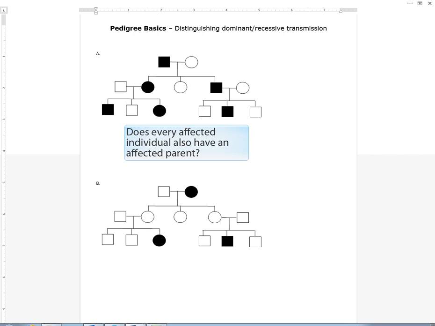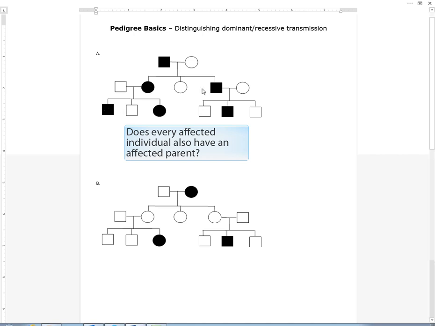You need to check everybody in the pedigree who is affected, not infected, affected by the trait. Look at the affected individuals and see if they have at least one parent that's also affected. In the third generation, each of the shaded individuals does have a parent that's also affected.